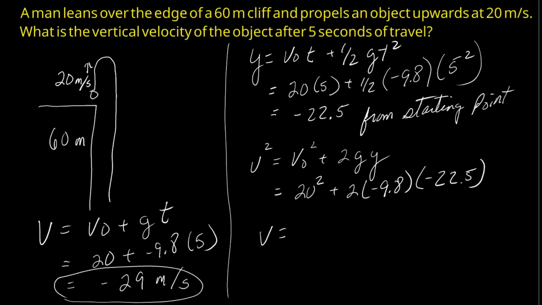So the final velocity, again, is equal to 29 meters per second. So now taking the square root, it could be plus or minus. The answers compared to each other.